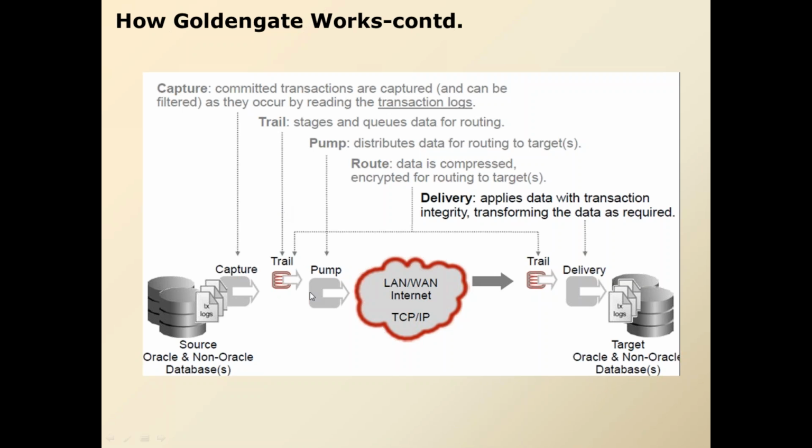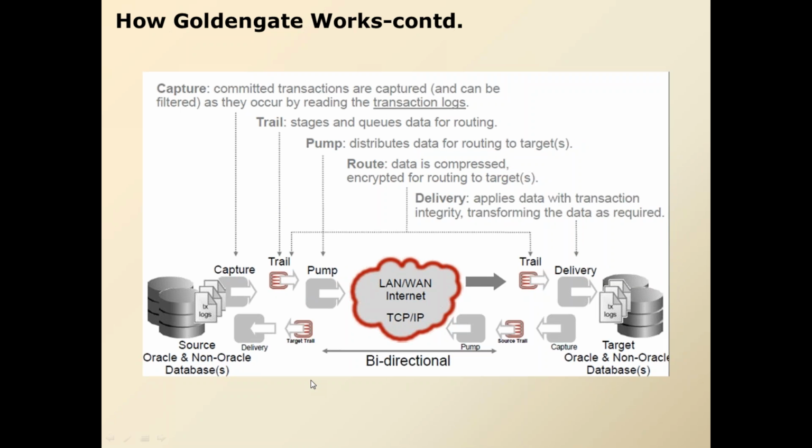Remember, the trail files will only contain committed transactions, since the capture process captures only committed transactions. So in bidirectional, what happens? You have capture, pump and delivery configured on the other side as well. Consider bidirectional as two-way unidirectional.